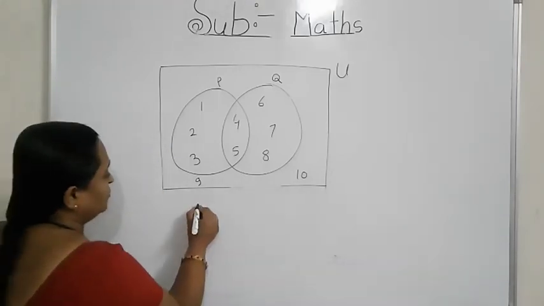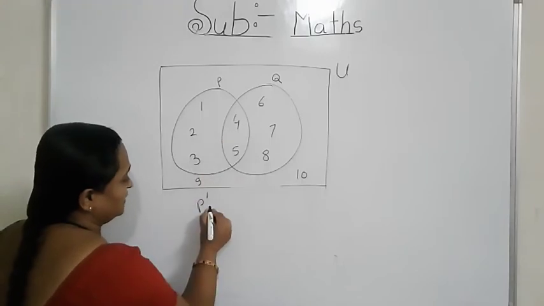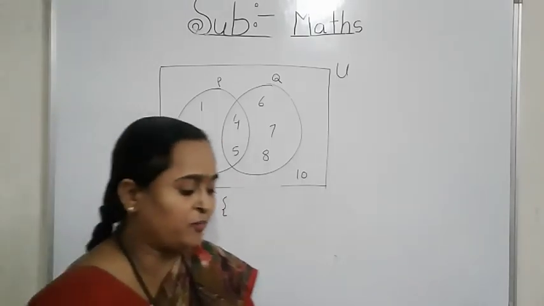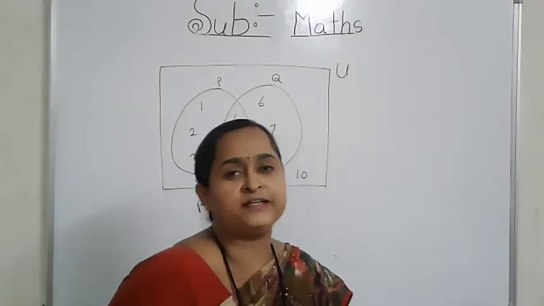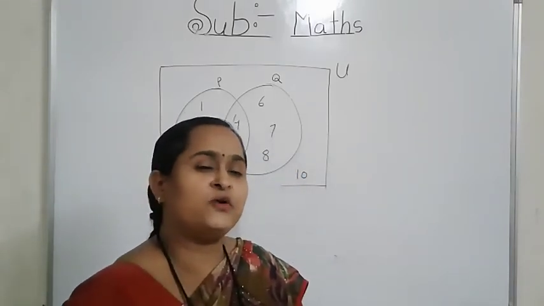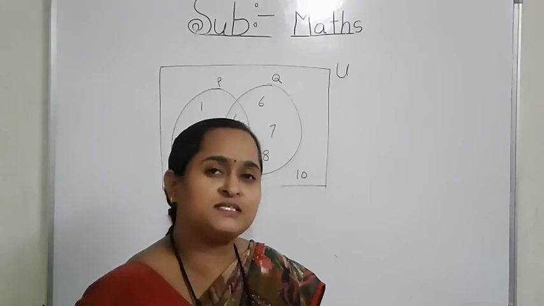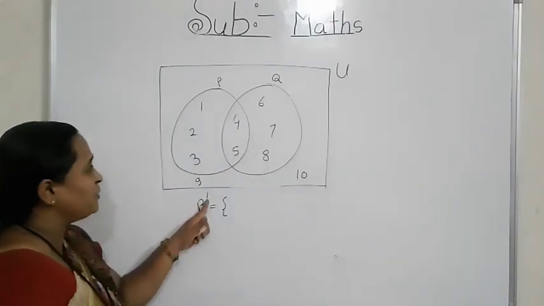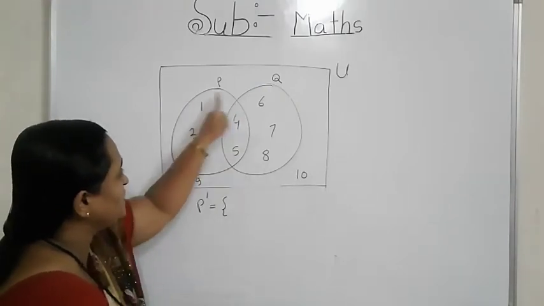Now we will find complements by using this Venn diagram only. Complement of P. How do you find a complement? The complement of a set is the set of elements that are present in the universal set but not present in that set. Now for the complement of P, you leave the P set elements.